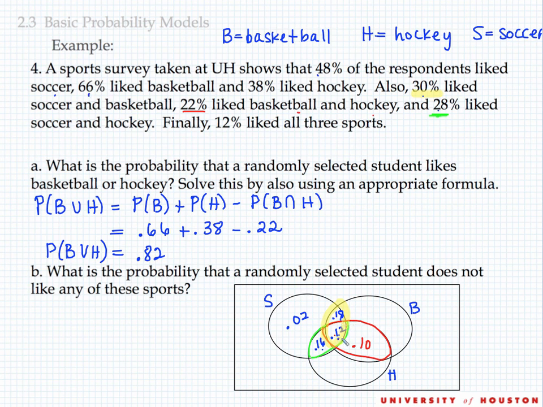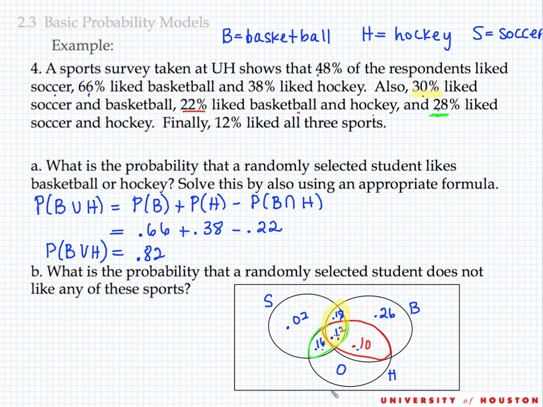So 18, 12, and 10 are already in the basketball circle. That's 40. So I need 26% more right there. So that means 26% like only basketball, nothing else. 38% like hockey. Let's see, that's 28. 38, we already have 38% in the hockey, so there's nobody that likes only hockey.